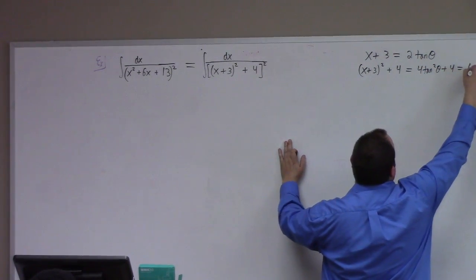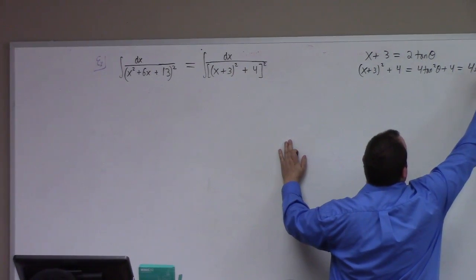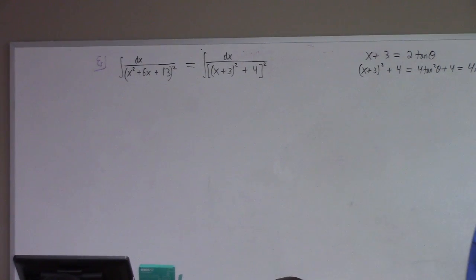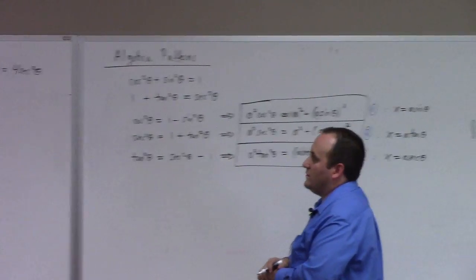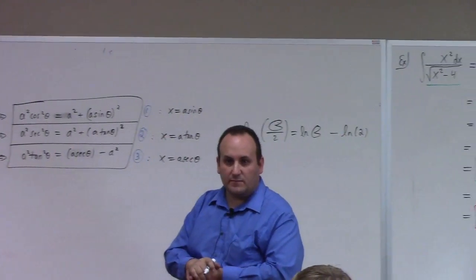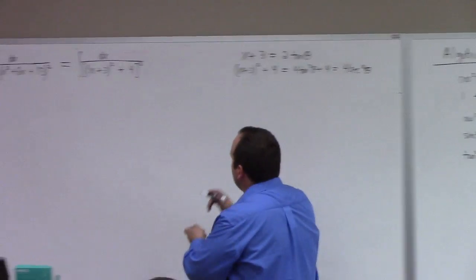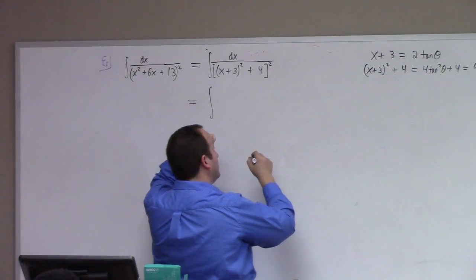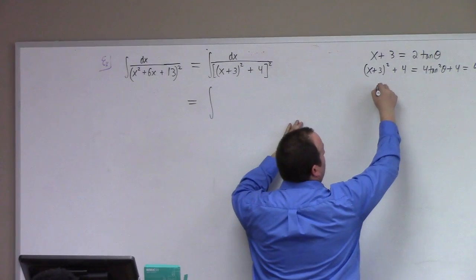I believe that's going to be a 4 secant squared theta, right? Because tangent squared theta plus 1 is secant squared, right? And so with that substitution, this integral here becomes what? What's dx?